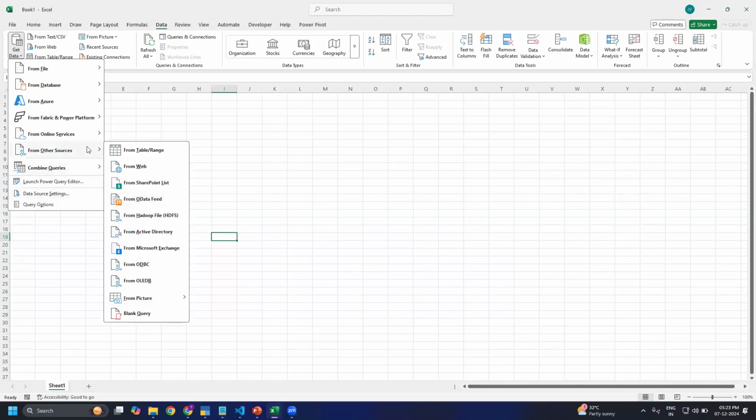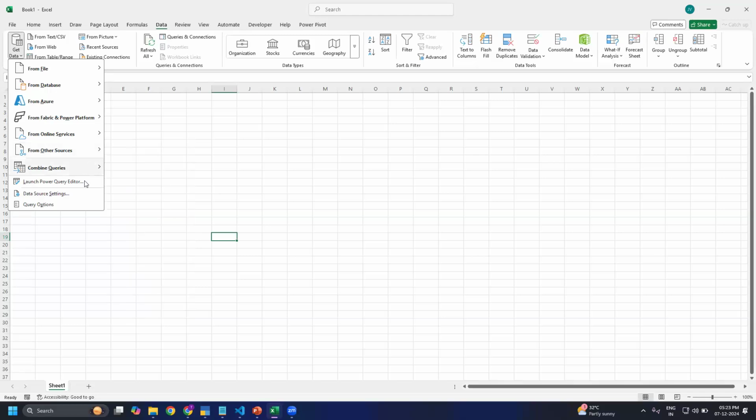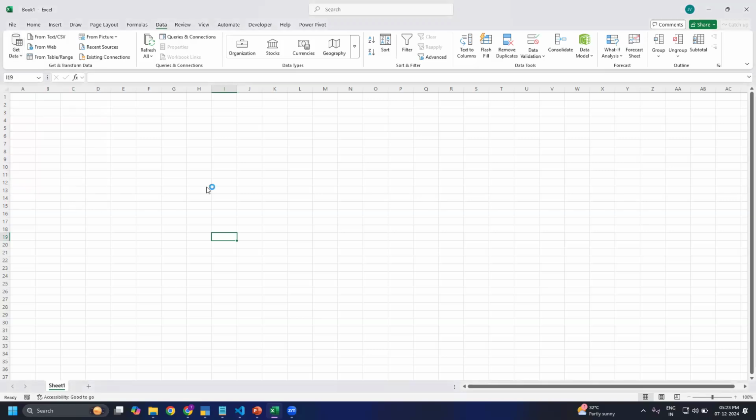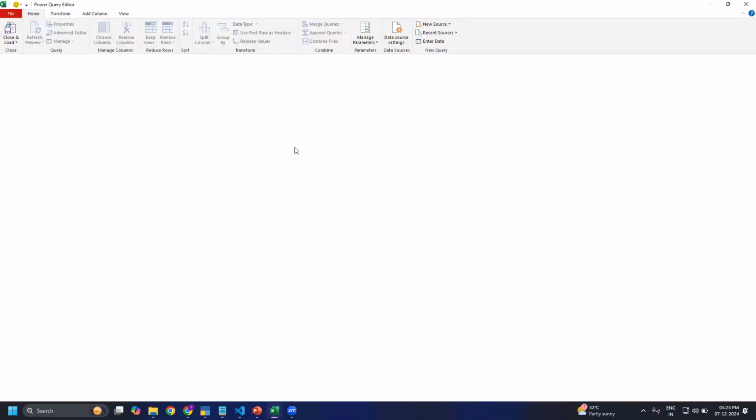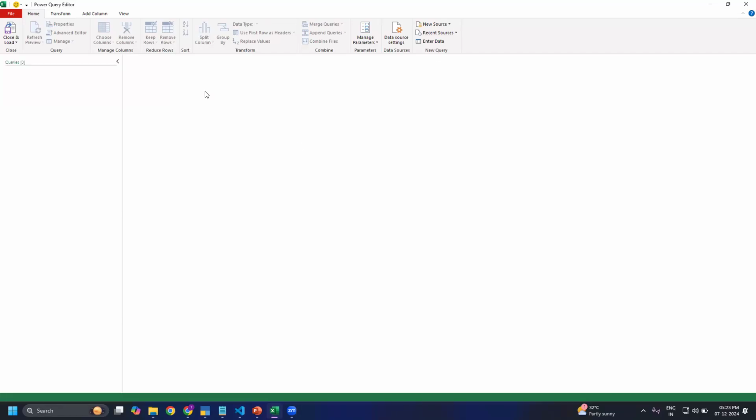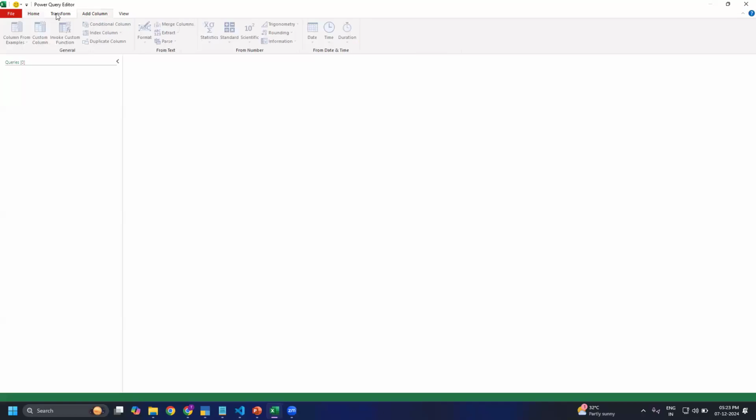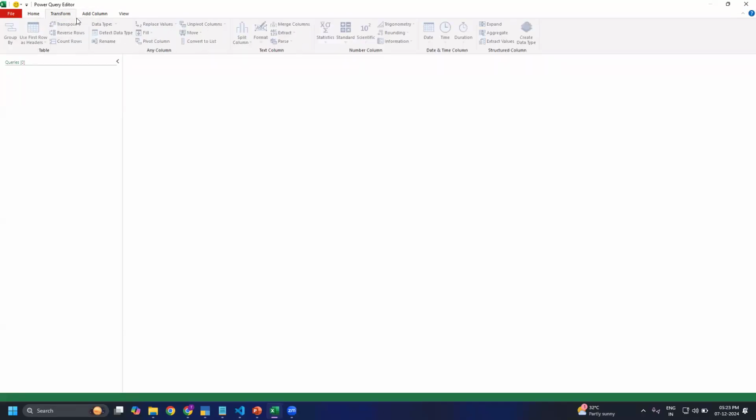We have two options. One is from other sources. Directly, we can go through this by clicking on Launch Power Query Editor. A new window will pop up. It's the Power Query Editor. Here we have options like ribbons, everything, which is similar to Excel. These tools are mainly used for transformation.